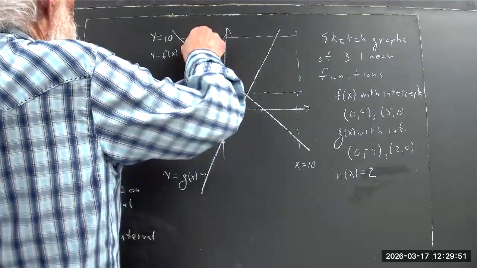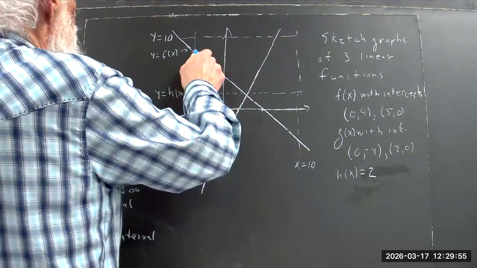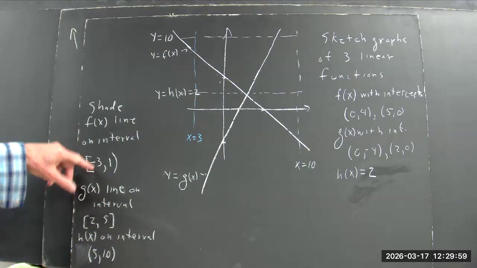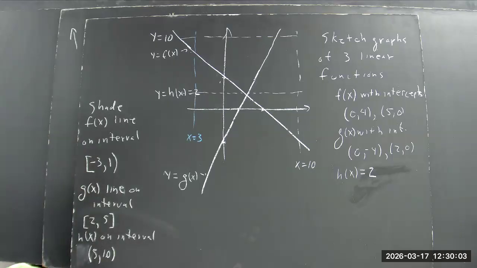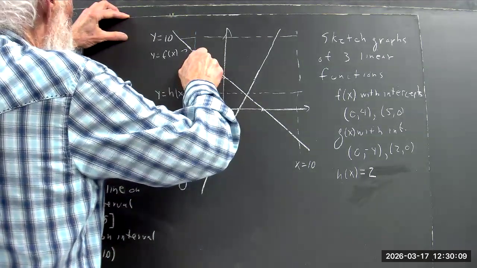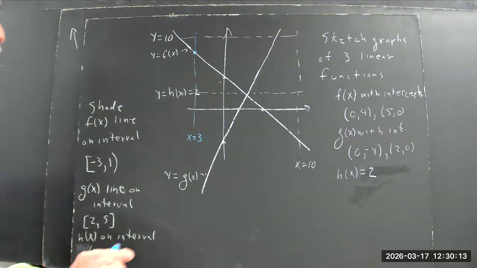Here's the x equals -3 line. Now, when x equals -3, we have a closed bracket. So the point on the f(x) graph where x equals -3 is included. So we're going to make a closed dot there.